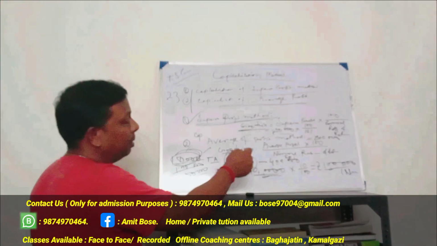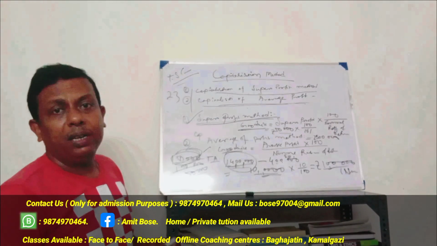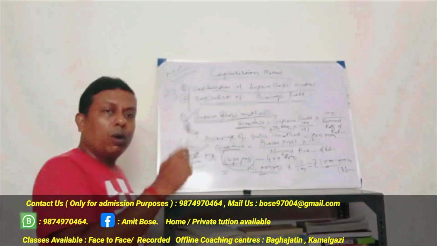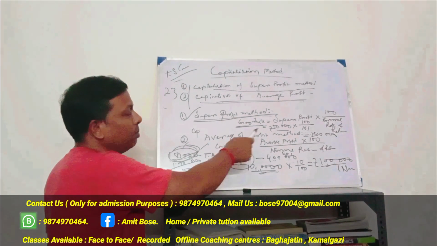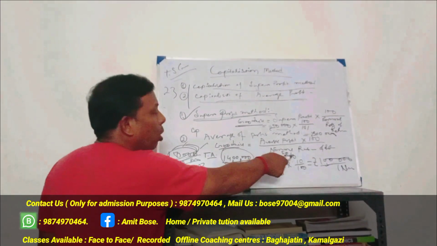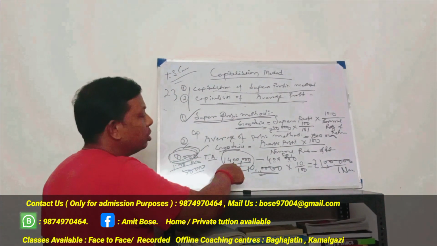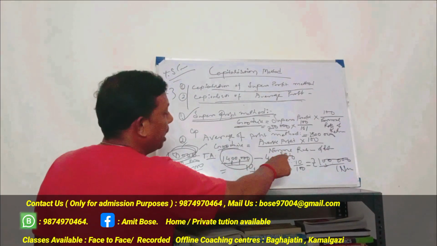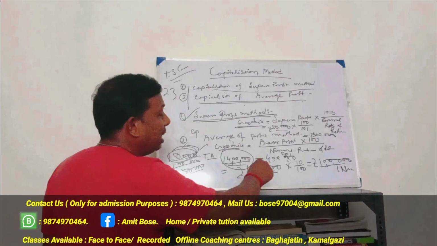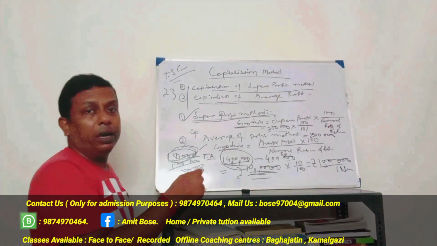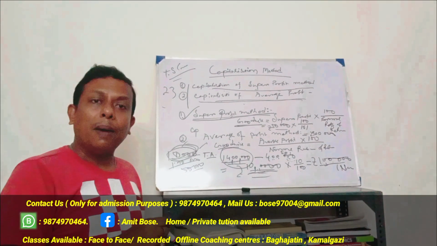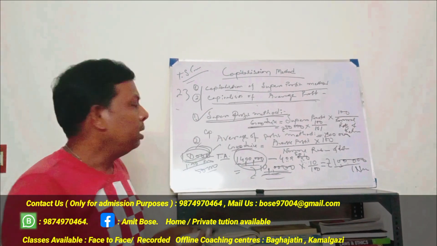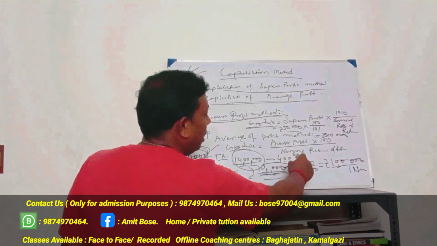The formula of capital employed, when capital employed is not given in the problem, is total asset minus outside liability or external liability. 14 lakh minus 4 lakh comes to 10 lakh. What is 10 lakh? 10 lakh is capital employed. Capital employed means capital invested in the business by the owner or partner.